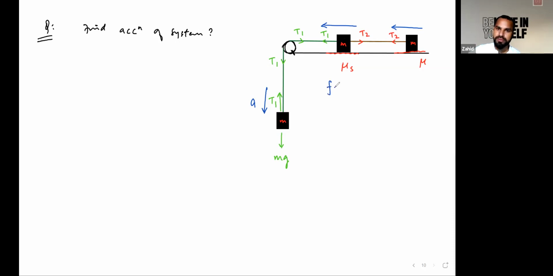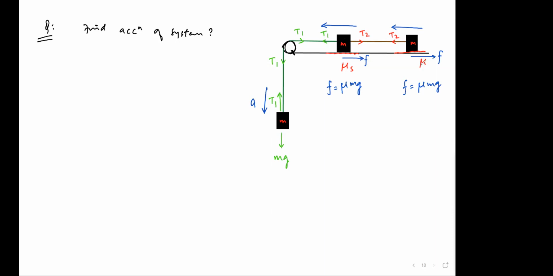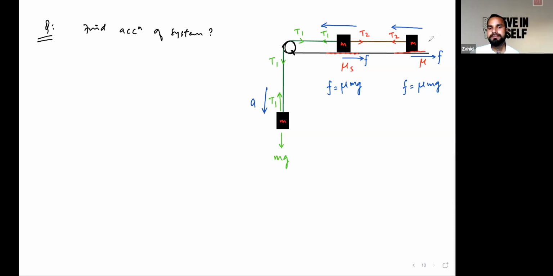So if you calculate the frictional force for this point, it will be mu times mg along this direction, and similarly at this instant, it will again equal mu times mg. Is it clear? Yes, sir. Khalid, is it clear? Yes, sir.